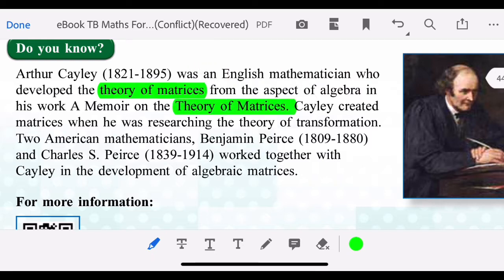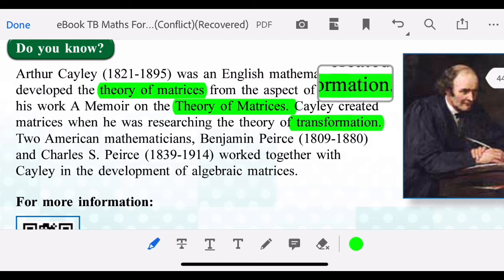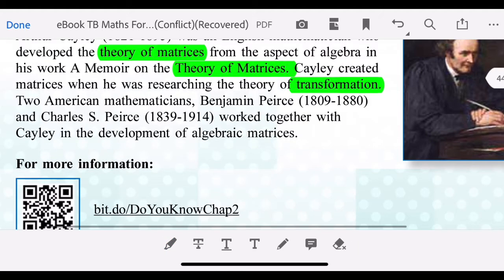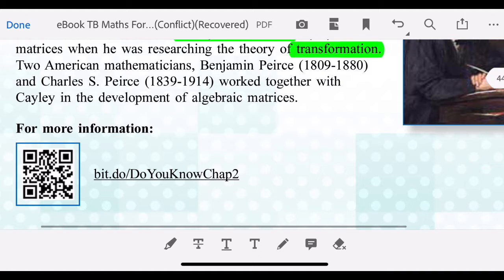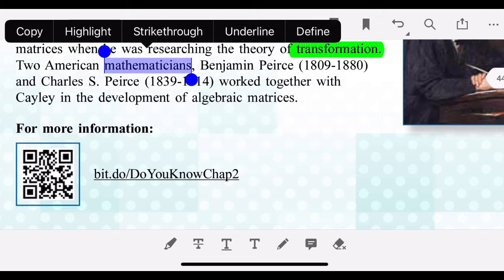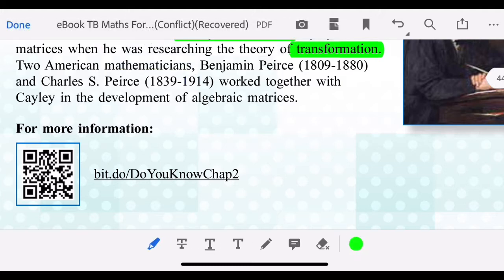Cayley created matrices when he was researching the theory of transformation. So it actually has a connection with transformation. Alright, so there are two American mathematicians, Benjamin Peirce and Charles S. Peirce, who worked together with Cayley in the development of algebraic matrices.